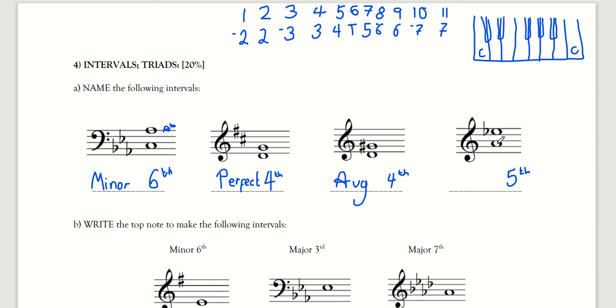So we have a fifth of some description. Let's count it up. So we're going from A up to E flat. Yes, I'm getting my clefs confused now. So this will actually be slightly difficult to do without looping. So I will do a quick loop halfway through.